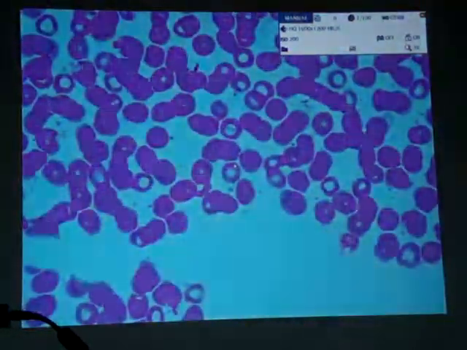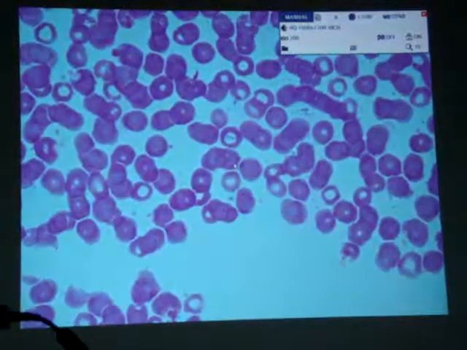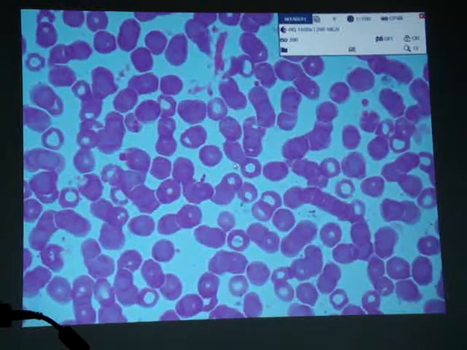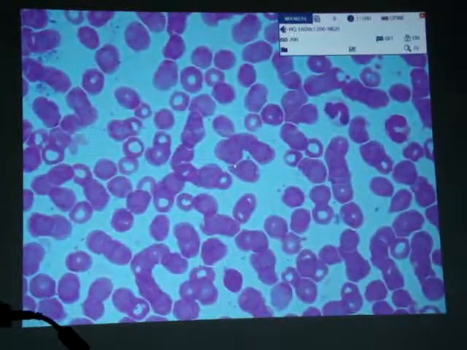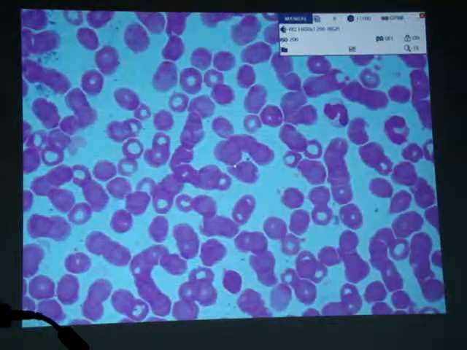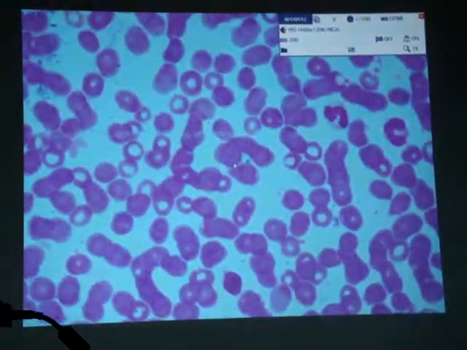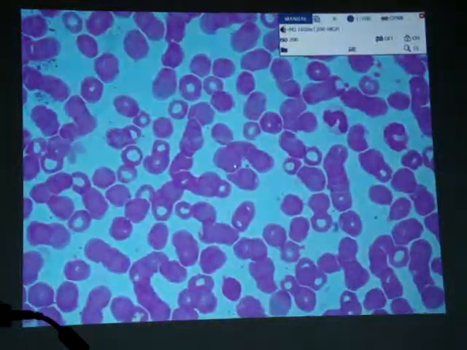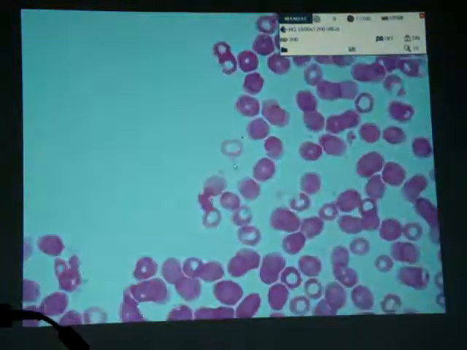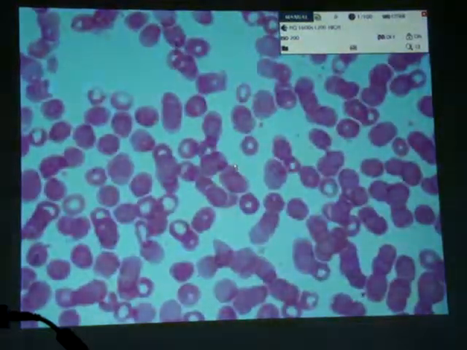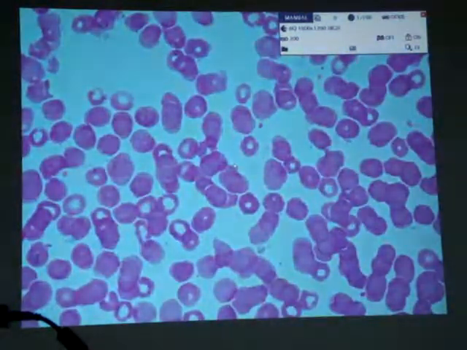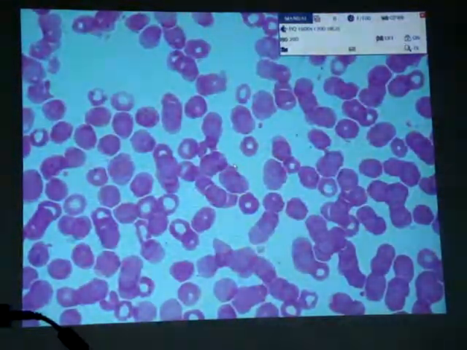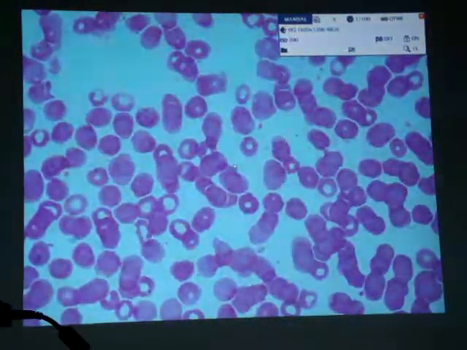Aside from oxygen, what is that other gas transported by? Carbon dioxide. Now, what particular component of the red cells will impart them that capability to transport gases? Hemoglobin. So, the red cells are red because their cytoplasm contain hemoglobin, which is a protein.